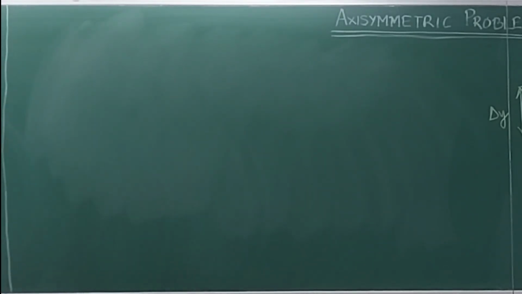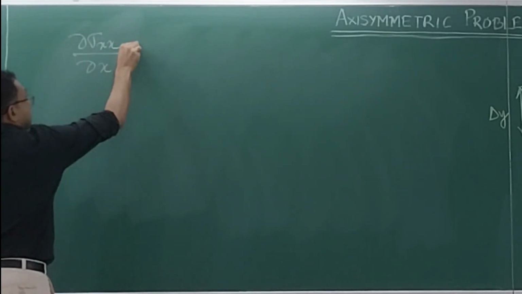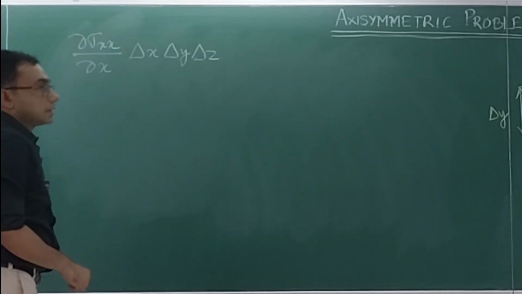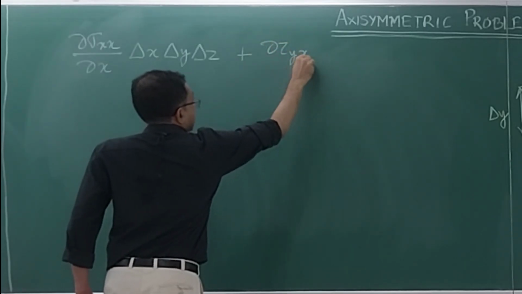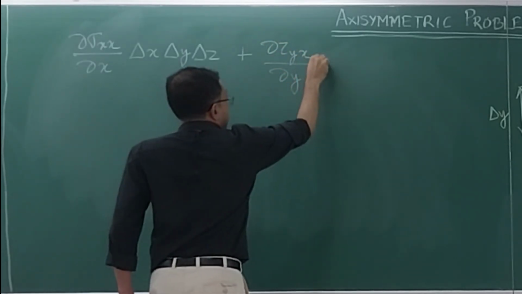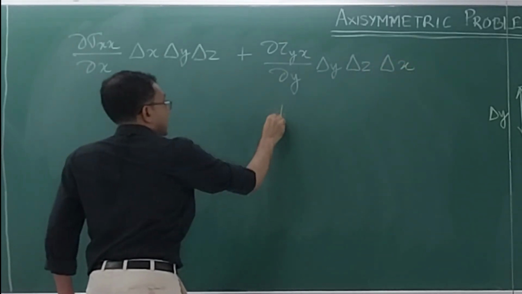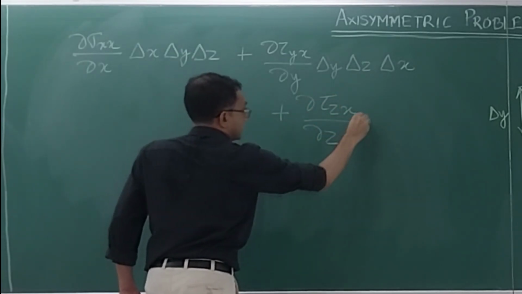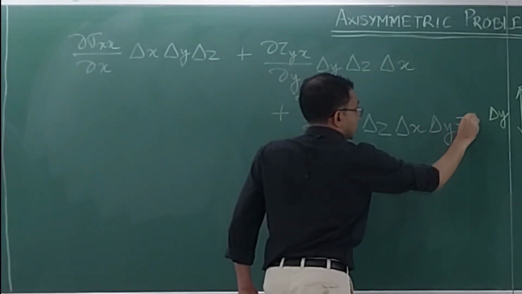So if you simplify that, what will it look like? Del sigma xx del x delta x delta y delta z, plus del tau yx del y delta y delta z delta x, plus del tau zx del z delta z delta x delta y, that is equal to 0.